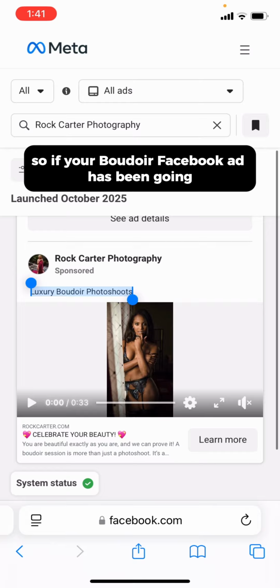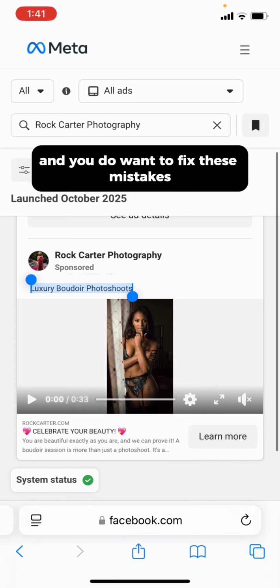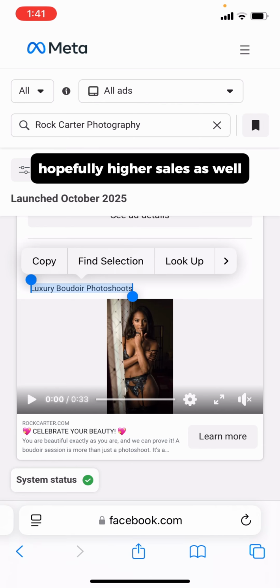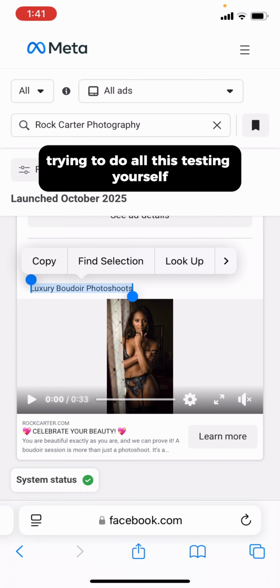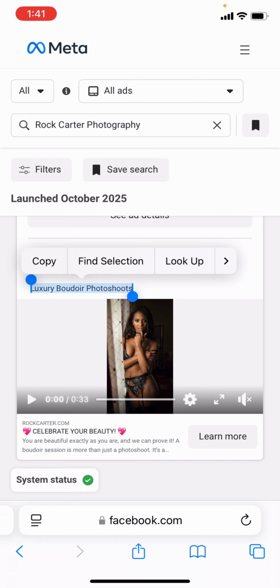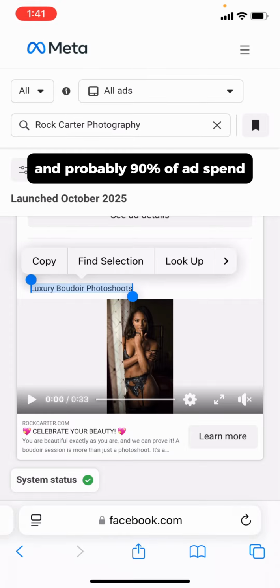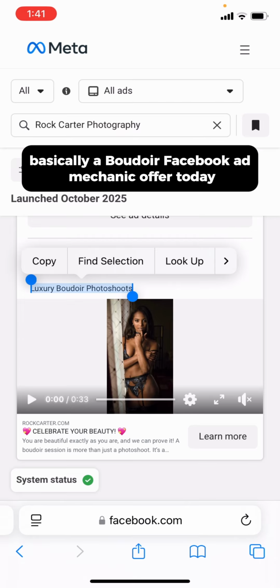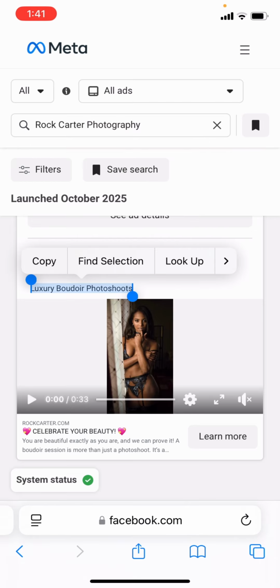So if your Boudoir Facebook ad has the mistakes I talked about today, and you do want to fix these mistakes, get way more efficiency on the ad spend, hopefully higher sales as well, with a much better method, without learning everything yourself and trying to do all this testing yourself, saving probably 90% of ad spend, and get way better, more qualified clients, then yeah, I do have a Boudoir Facebook ad mechanic offer today, two different options.